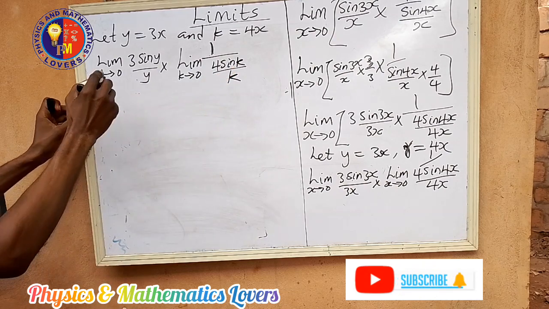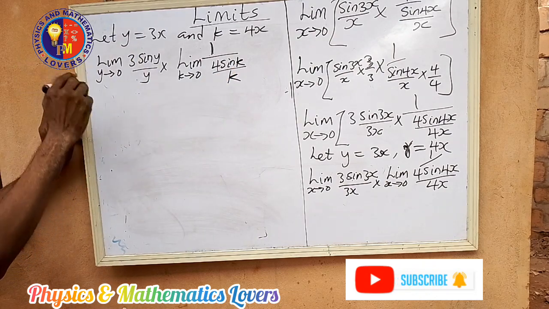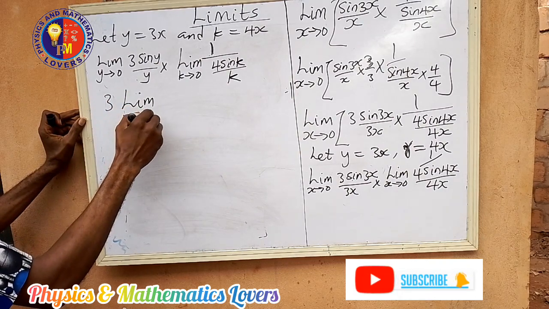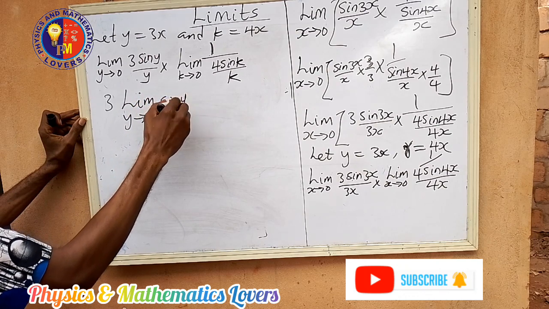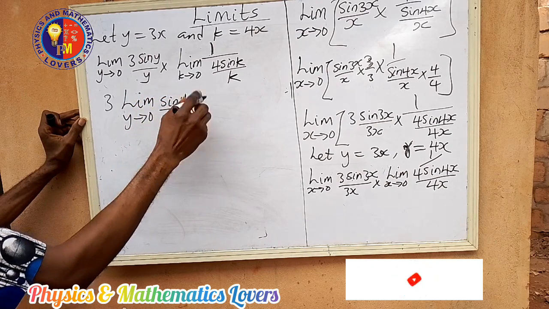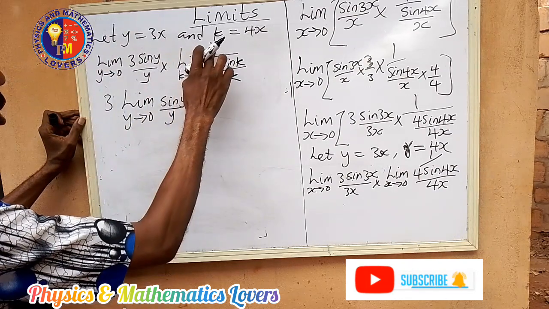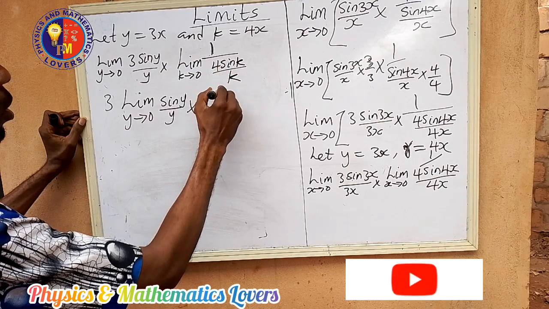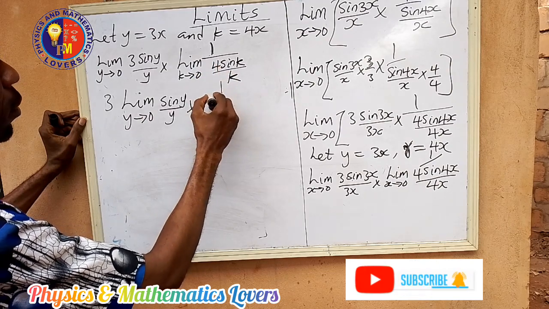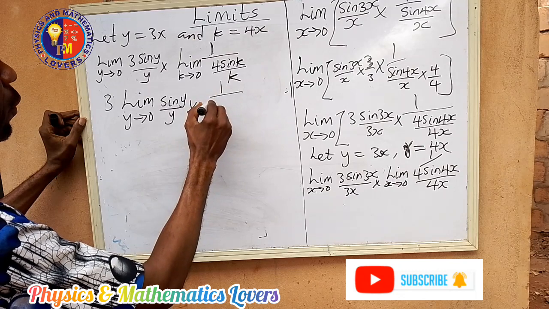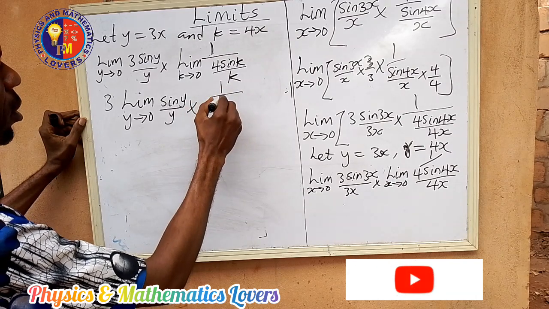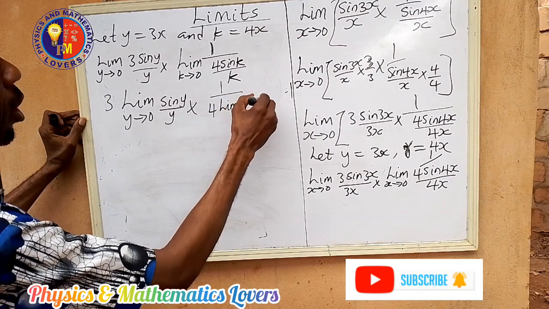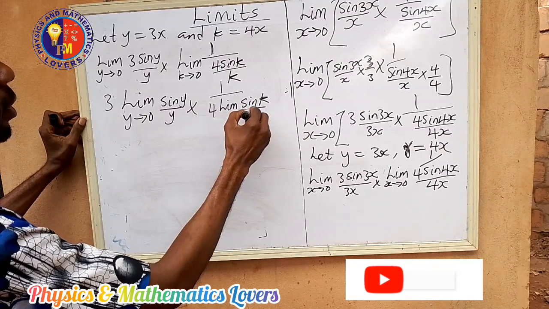The 3 can come outside to become 3 times the limit as y tends towards 0 of sine y over y. Then for the 1 over this thing, the 4 can come out, so it becomes 1 all over 4 times the limit of sine k all over k.